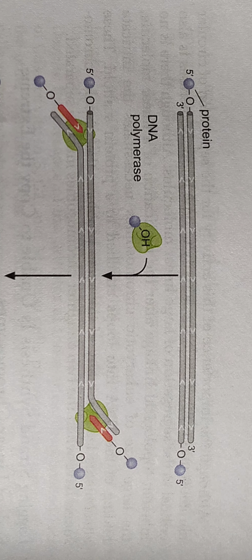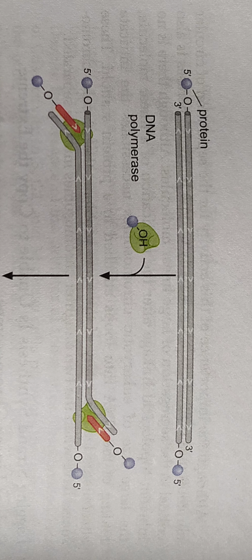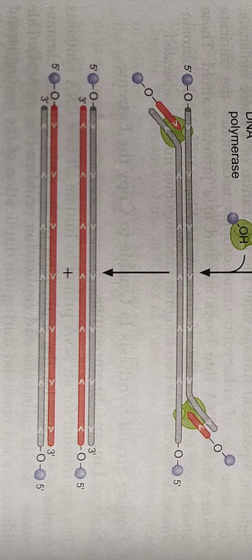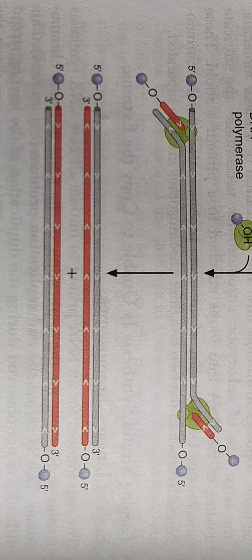So here you can see a protein, DNA polymerase OH, they are synthesizing, and they are solving the end replication problem as stated in your notes.